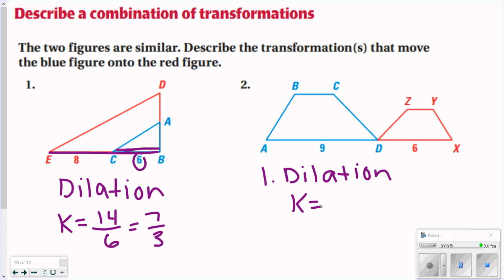Going from blue to red, we are shrinking, which means our scale factor needs to be less than 1. So we get 6 over 9, and that simplifies to 2/3. After the dilation, what happens next? Well, it's a reflection.